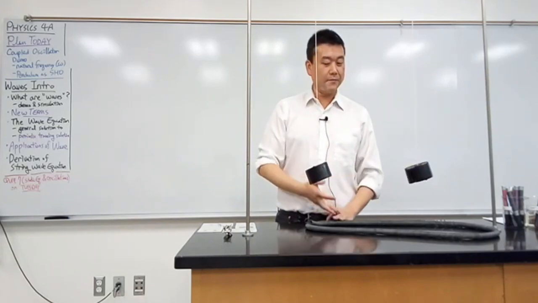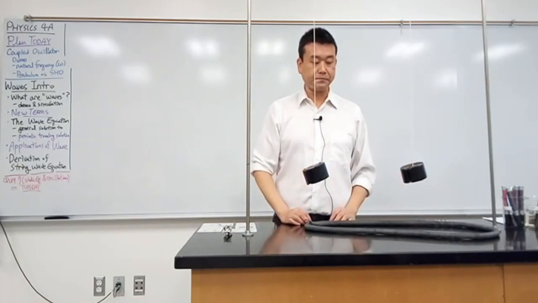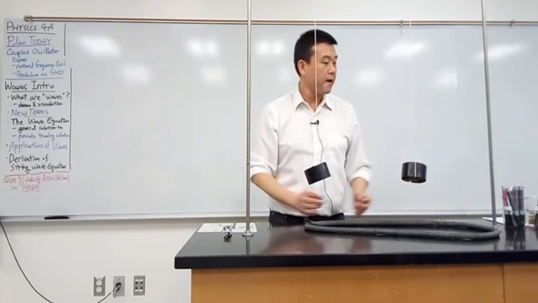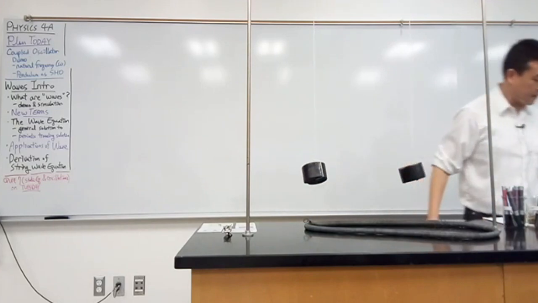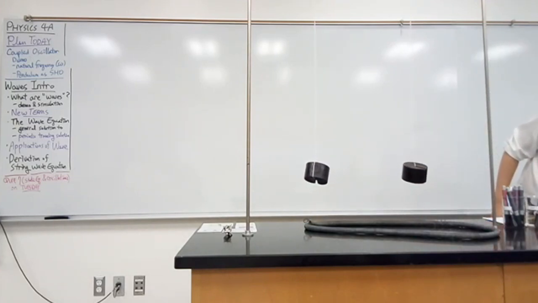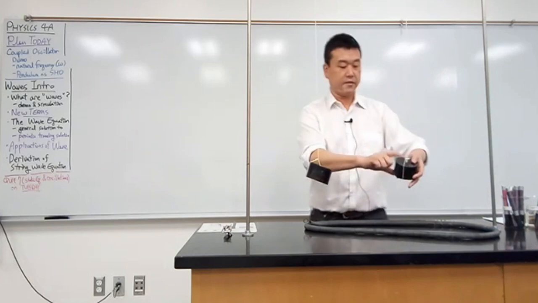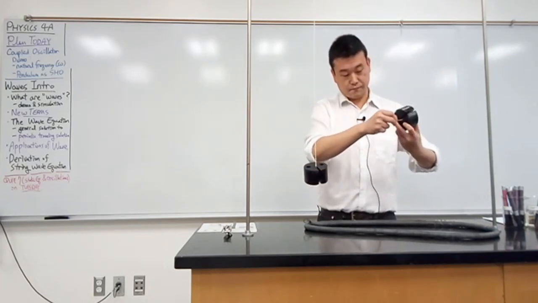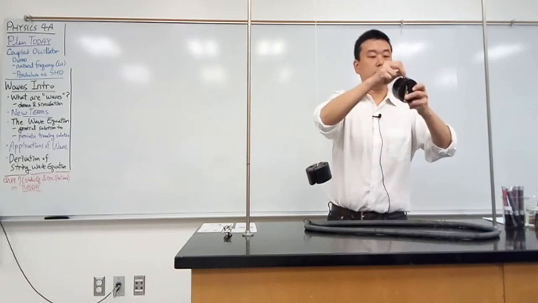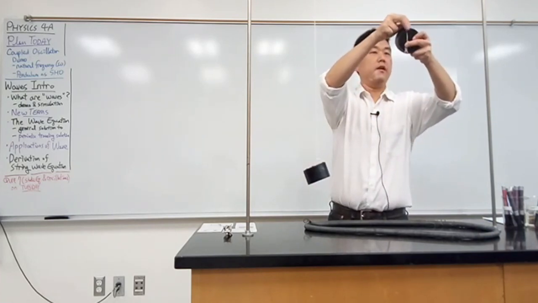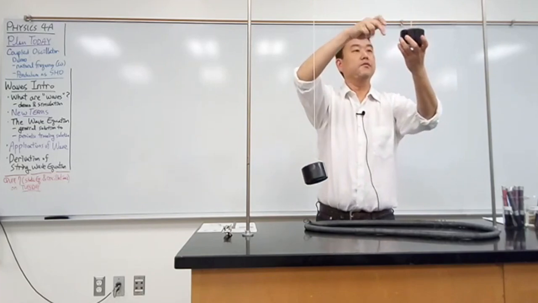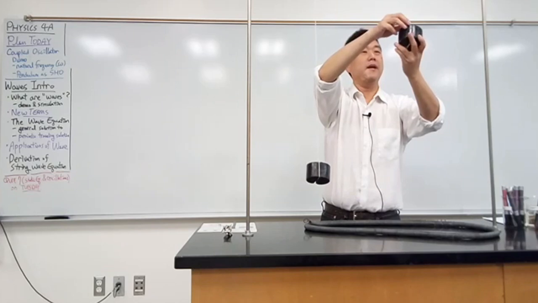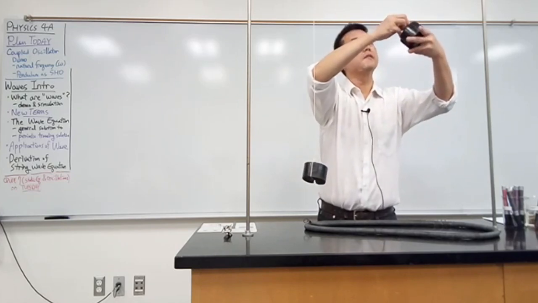Now, let me show you a little bit of change from this. They look the same length, all symmetric. I'm going to change the setup slightly by wrapping the string around this mass, and I'm trying to avoid it unwrapping and just tumbling down.